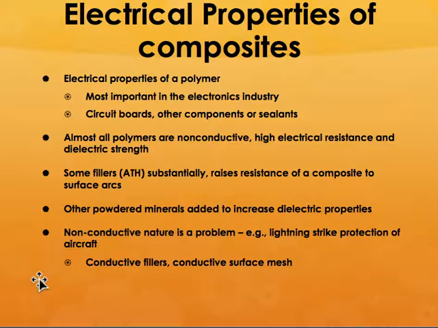But the problem with the copper mesh is that a composite, especially in an aircraft type of structure, gets struck by lightning. In fact, they say that every aircraft structure can get hit by lightning maybe once to twice during flight every day. And as soon as it gets struck by lightning once, it damages the surface properties.